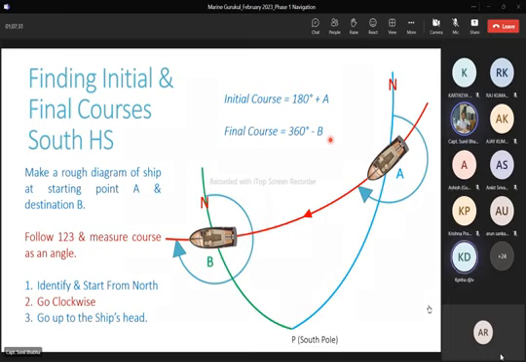Now always remember that this method gives us the courses in the three-figure notation or true notation. If by any chance you need to find the courses in quadrantal notation, the method will not straight away give it to you. You first calculate the courses in the three-figure notation and then convert it into quadrantal notation.